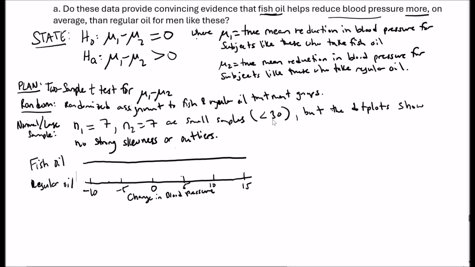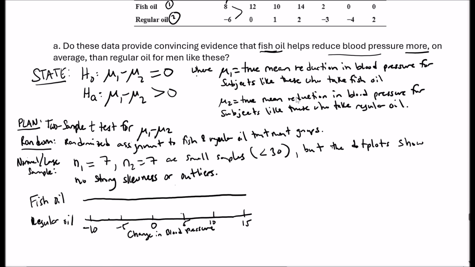All right, so let's go ahead and record the data points. So it says for fish oil, we got 8, 12. So let's do that. We got 8, 12. We got 10, of course. We got 14. We got 2. We got 0 twice.